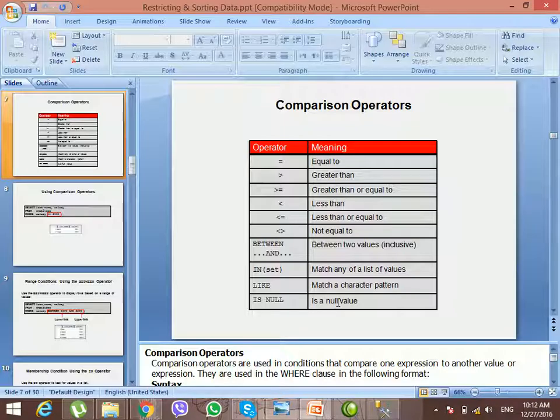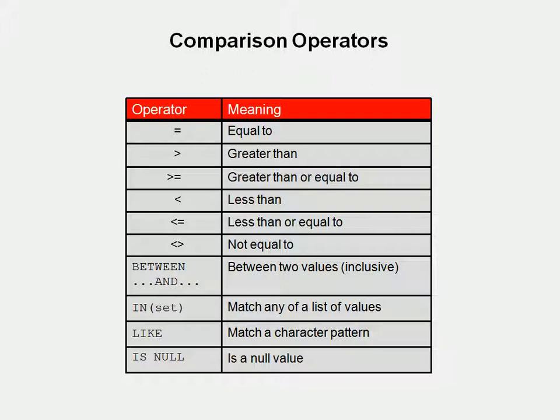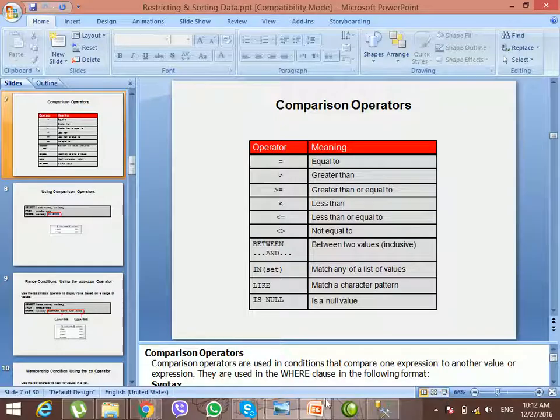Clear? The BETWEEN and AND operators are used when you are going to search for a record which is in between a range. Suppose I want to see the salary records between 500 and 2000. How will we write the query?